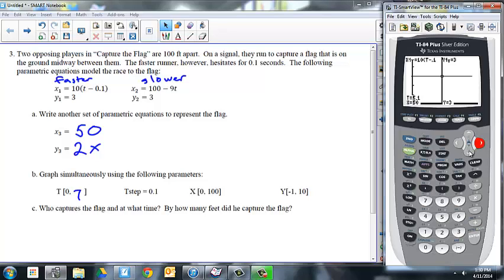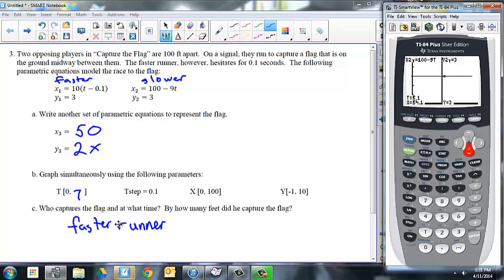If I were to switch and trace the slower runner, I can see that he's still not quite to the flag. So I know the faster runner is there. And it says by at what time? Well, the time then is 5.1 seconds.